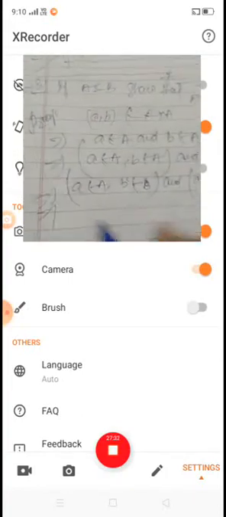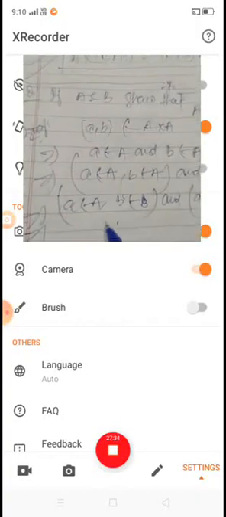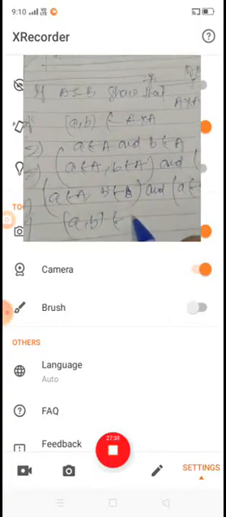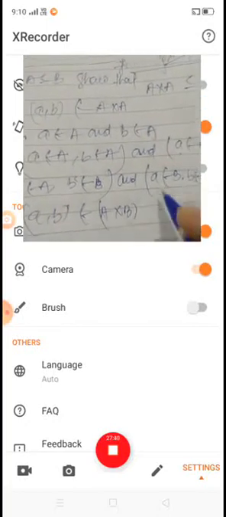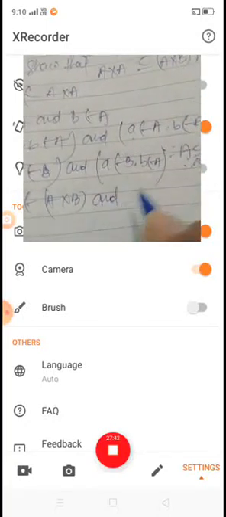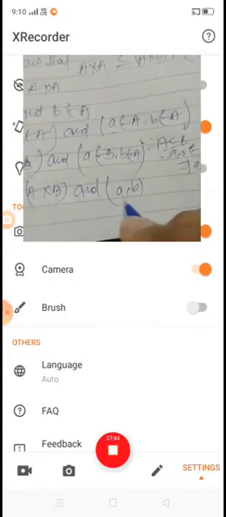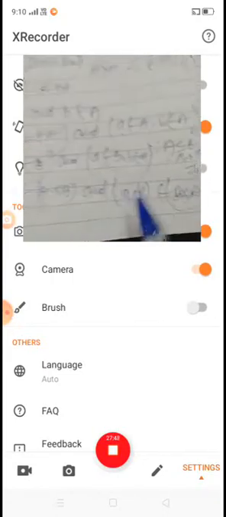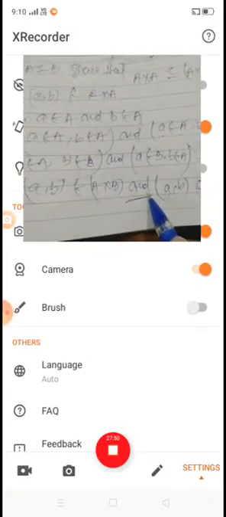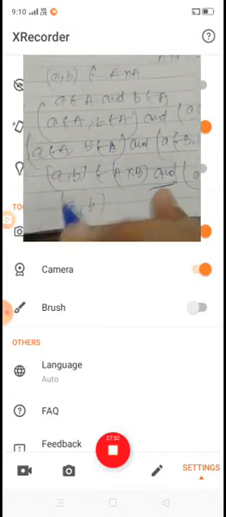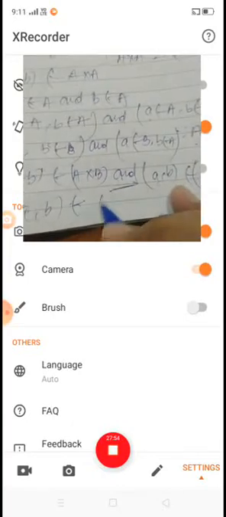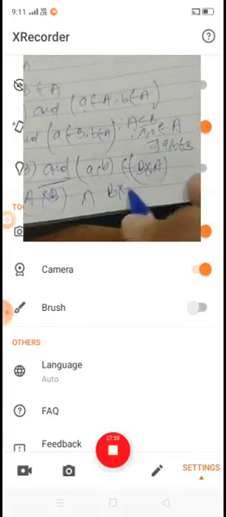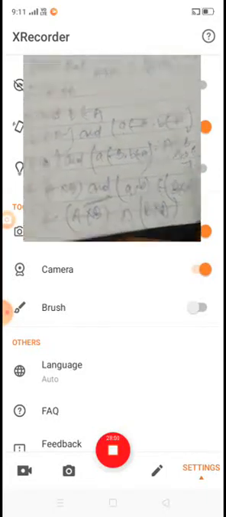Okay, now we have here the Cartesian product (a, b) belongs to A × B. Okay, and here we can also write an ordered pair (a, b) belongs to B × A. Now by the definition of intersection, we have (a, b) belongs to (A × B) ∩ (B × A).